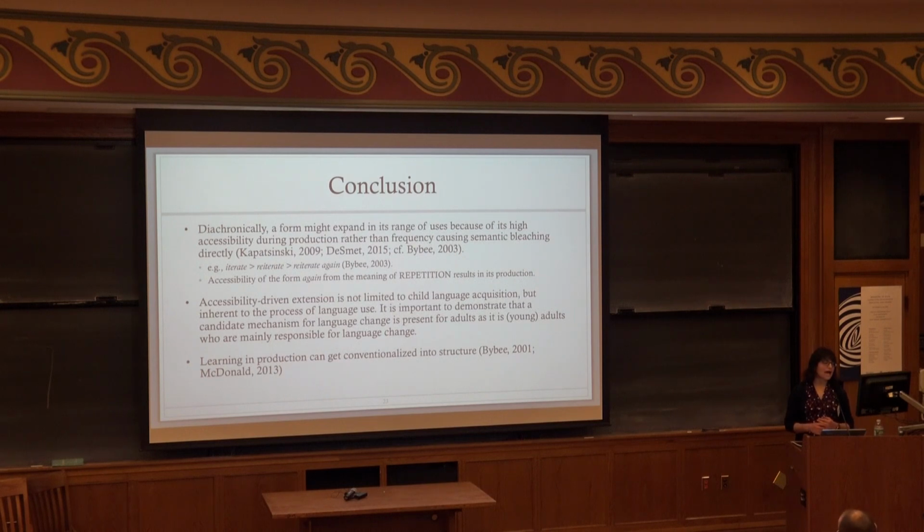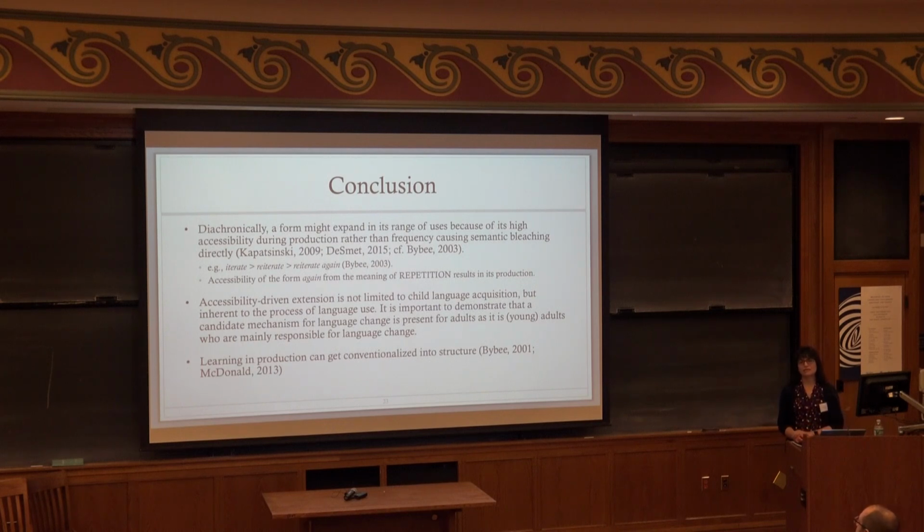I would like to put our account in contrast with this account. Our account is that it's the accessibility of the form again from the meaning of repetition. By saying iterate or reiterate, the meaning of repetition is activated, but the form again, because it's highly frequent, is very much activated through the meaning of repetition, and so it's in a way involuntarily produced.